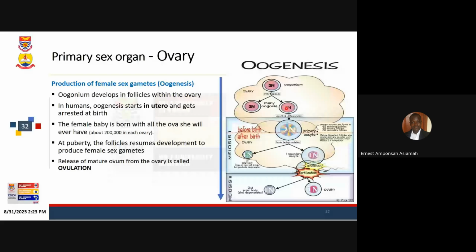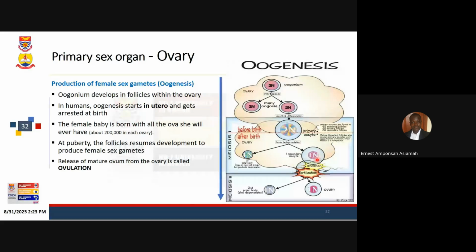So in the womb, the oogonium will divide into two. One will be the residual cell, the other will be channeled into the process of oogenesis. Then the oogonia will still undergo the first division to become the primary oocyte.